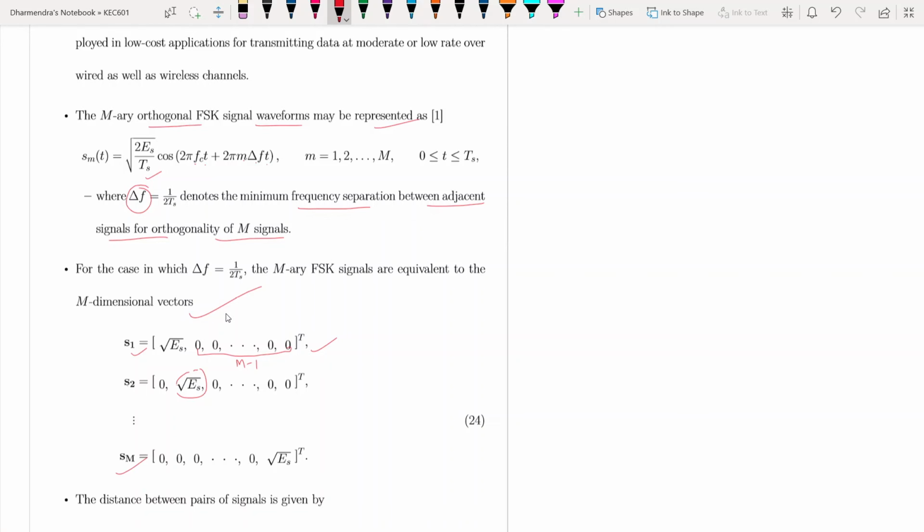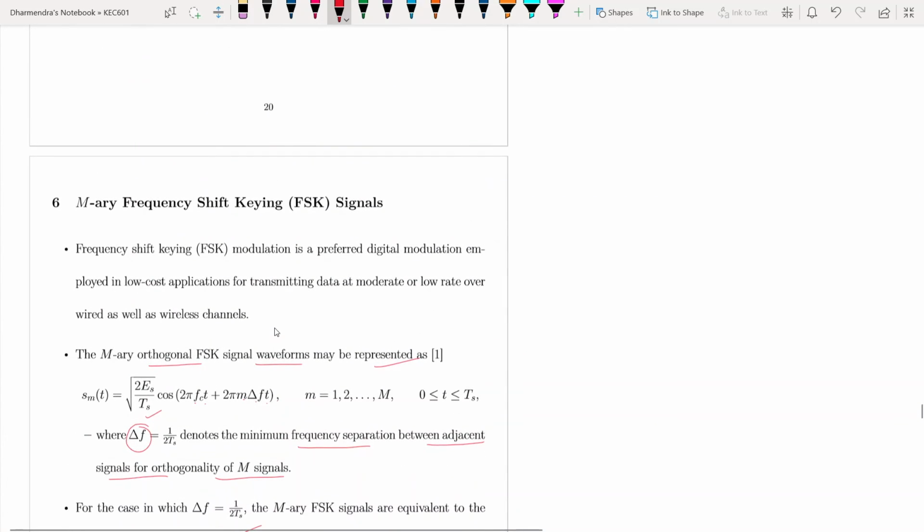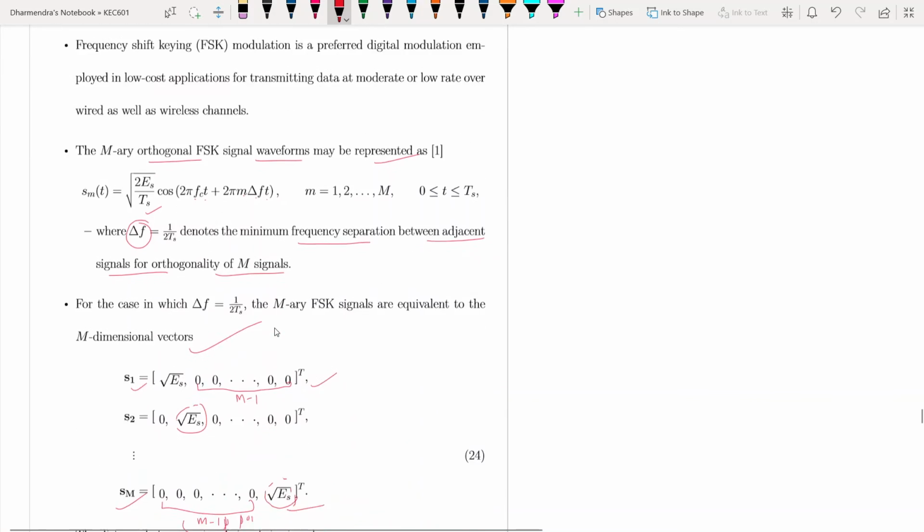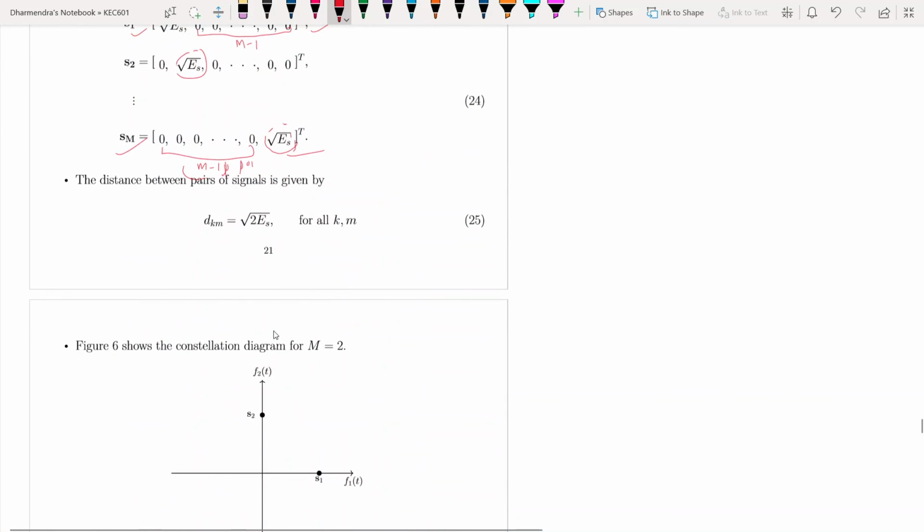In case of S subscript capital M, the Mth point of this vector will be square root Es, and the remaining M minus 1 points are 0. So this way we can write the vector representation of M-ary FSK signals. You can calculate the distance between any pair of signals, that will be square root of 2 Es for all k and m.